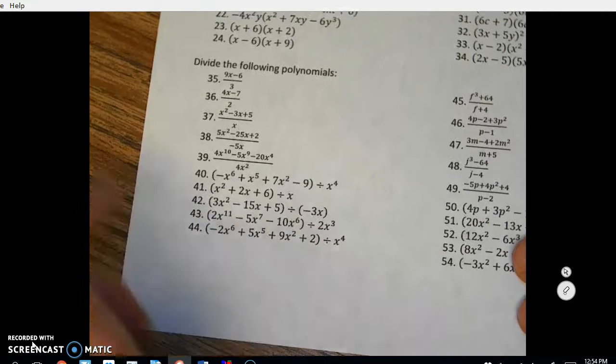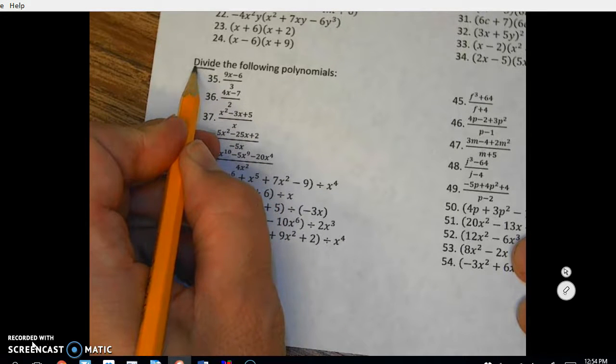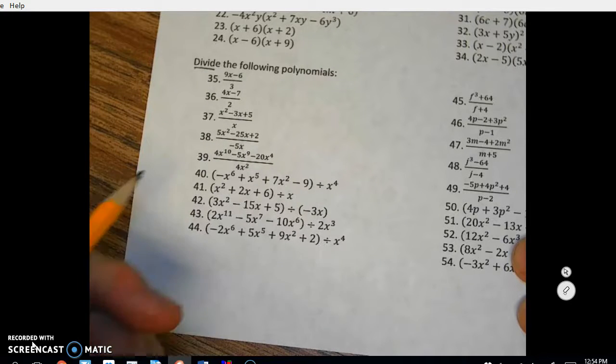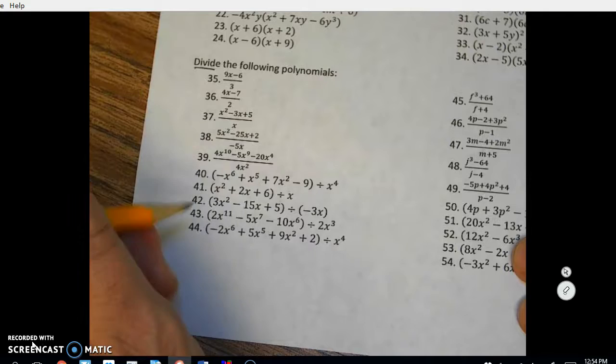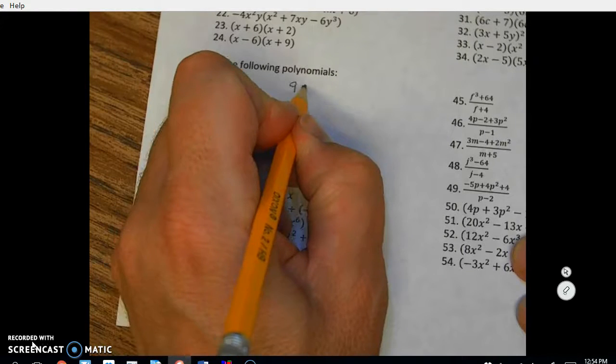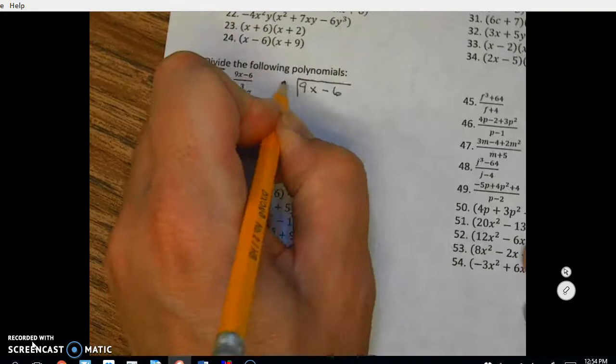For the dividing, it doesn't tell you to use long division or synthetic, so I'm going to leave it up to you. Let's go ahead and do one of these together. For example, 35. We have 9x minus 6 divided by 3.